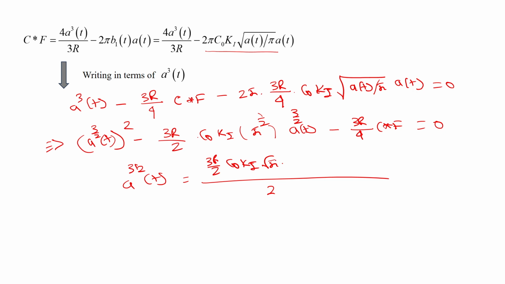So this should be minus b plus or minus, so it is minus b plus or minus square root of b square minus 4ac. So it is actually 3R by 2 into C0 K I square root of pi, let us say, and then squared, minus 4 into, you can actually write down the whole thing, divided by 2 over here.